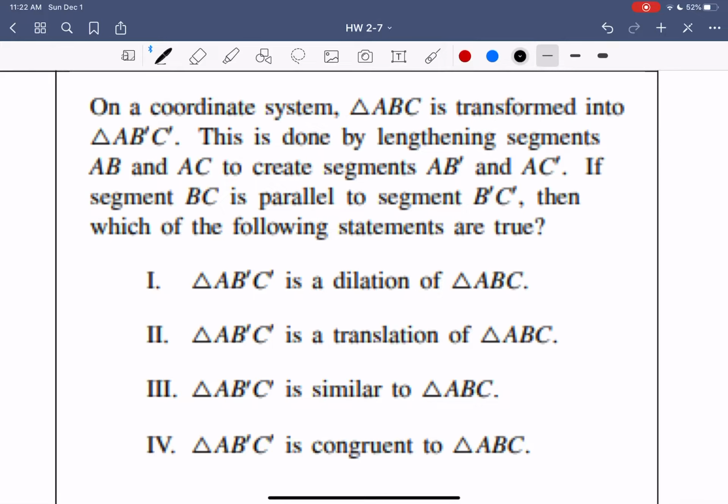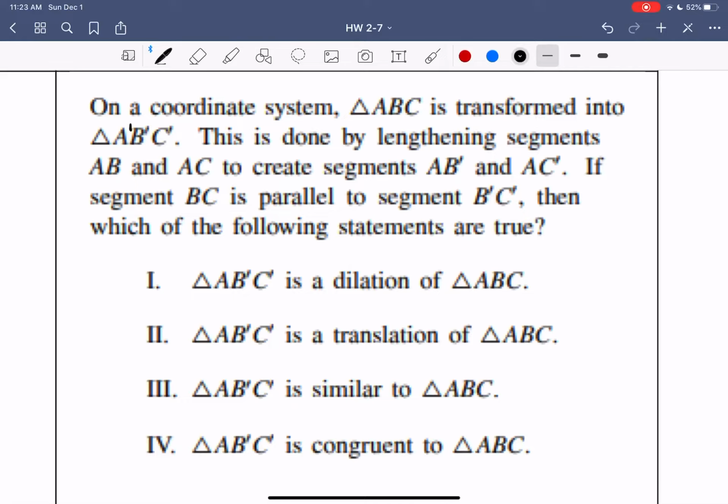All right, on a coordinate system, triangle ABC is transformed to triangle A prime, B prime, C prime. This is done by lengthening the segments AB and AC to create segments AB prime and AC prime. If segment BC is parallel to segment B prime C prime, then which of the following statements are true?